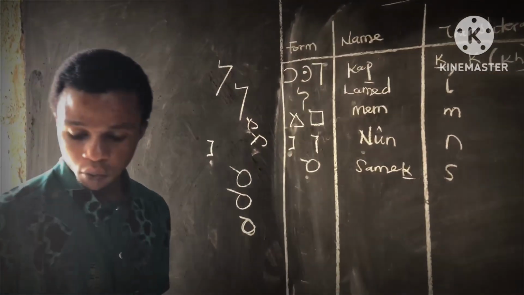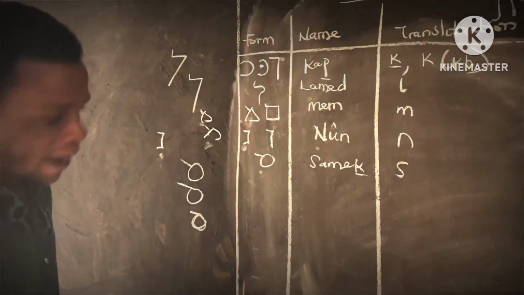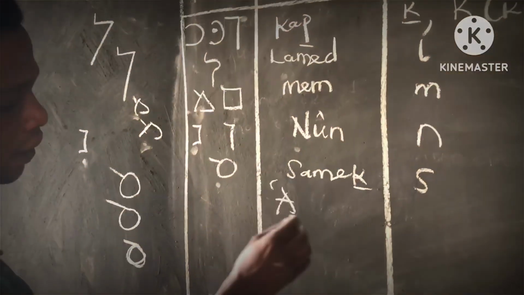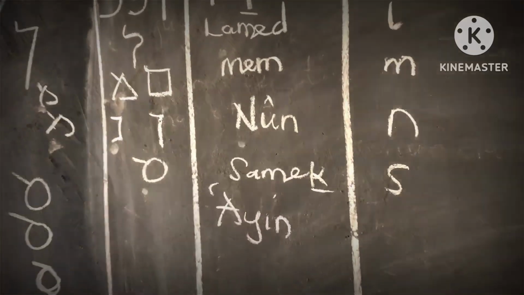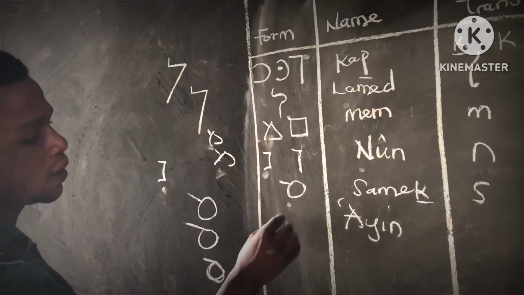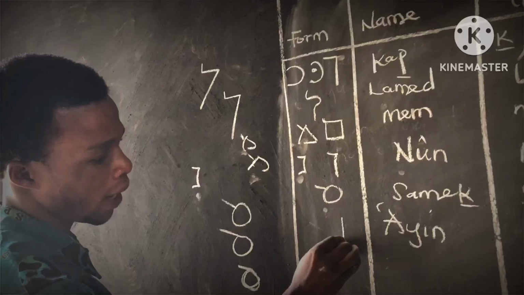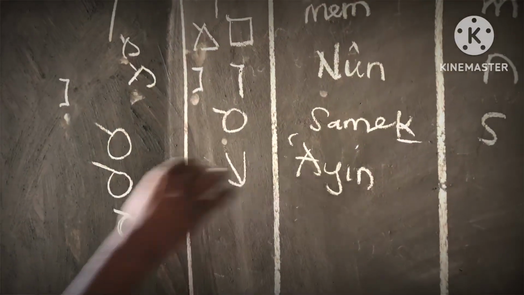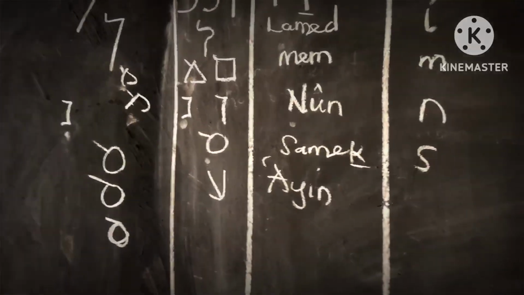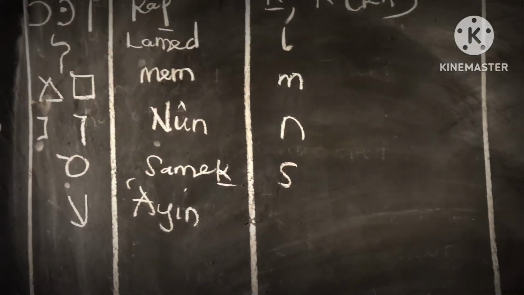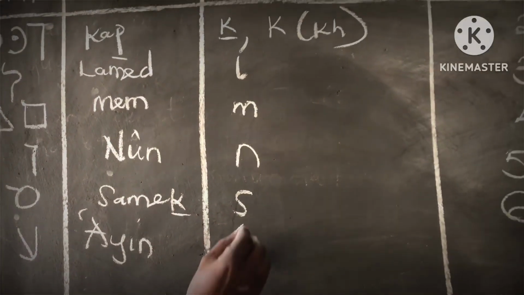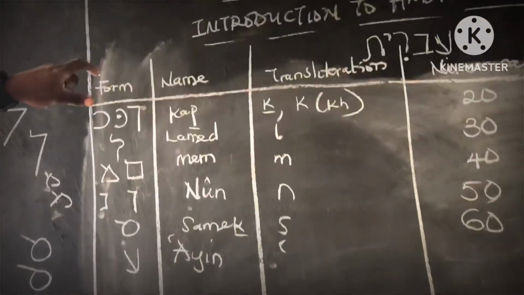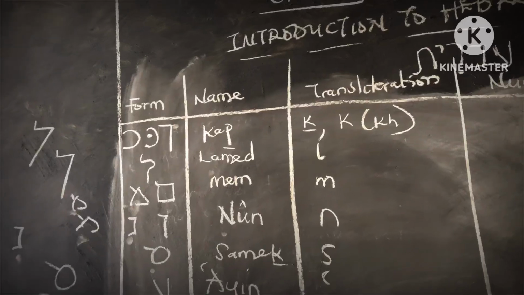So we move to another one called ayin. Ayin is simply like this, just like you are writing Y. Look at it this way, then you bring your hair. That is ayin. Ayin is very simple for you to get. If you compare this to Aleph, you may be confused.